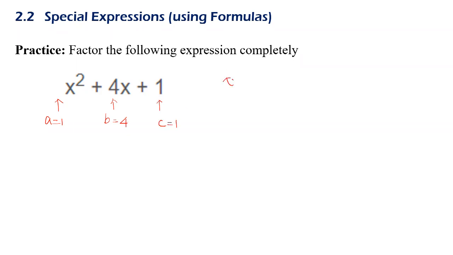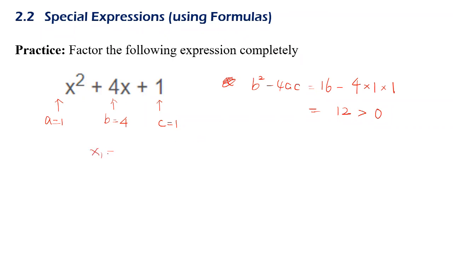So let's calculate b squared minus 4ac first. So b squared is 16 minus 4 times a times c, which is 12, right? 12 is greater than 0. So we should be able to factor this, right?